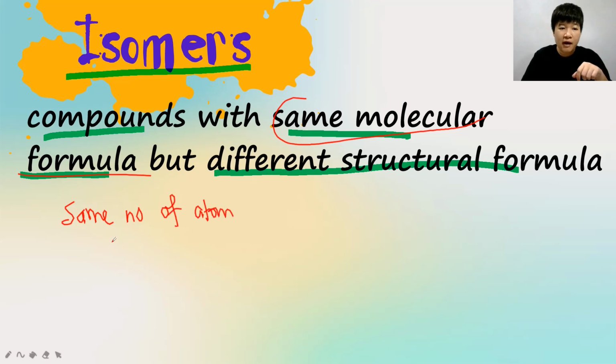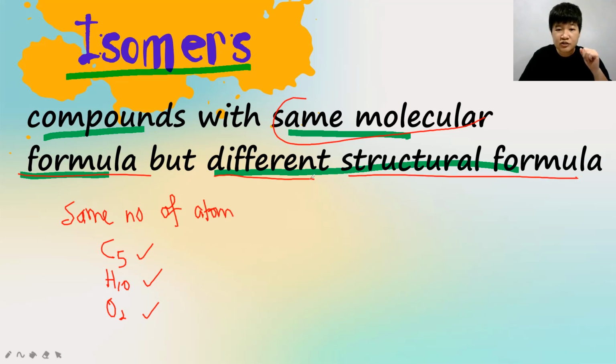If your compound has C5H10O2, then the compound will have the same number of carbon, hydrogen, and oxygen. It won't change. But what is meant by different structural formula? Different structural formula here means the arrangements are different.